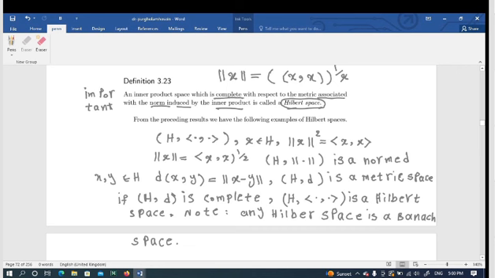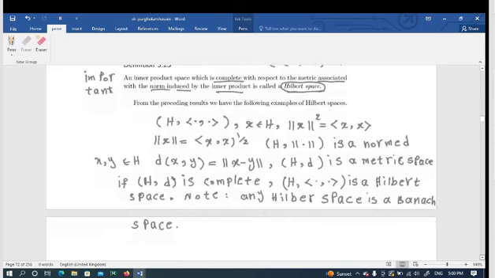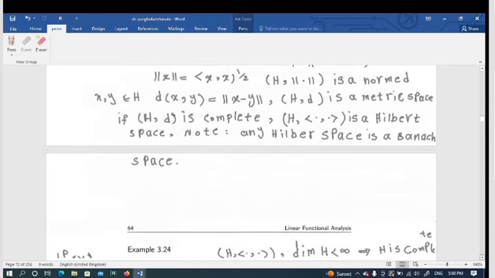So H with d will be a metric space. Now, if H with d is complete, we call H with the inner product a Hilbert space. So any Hilbert space is a Banach space because the metric induced by the norm induced by the inner product is complete. So any Hilbert space is a special Banach space.